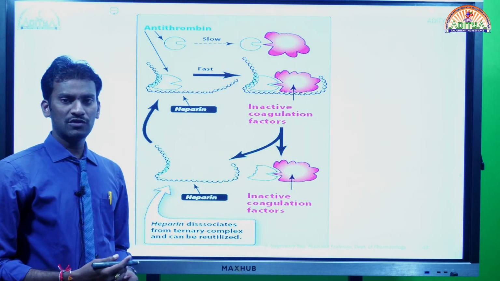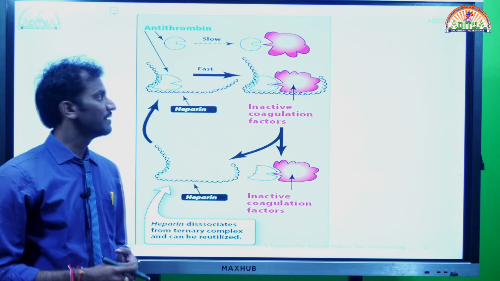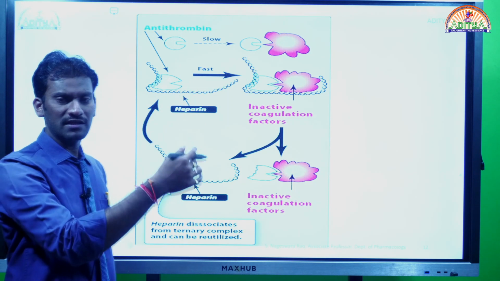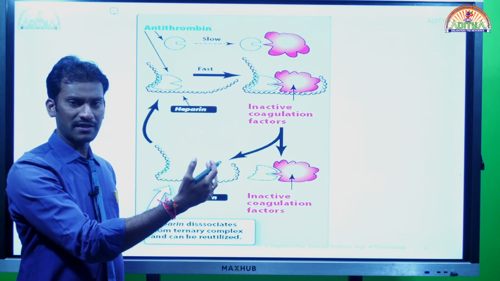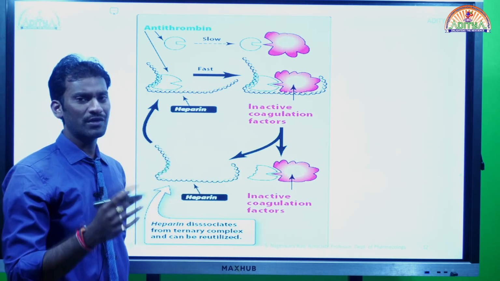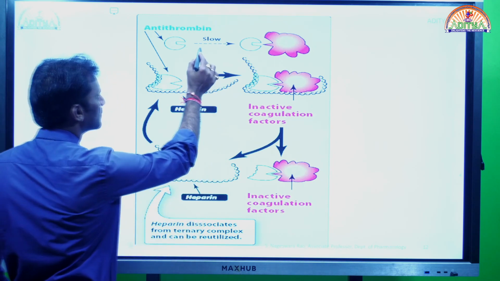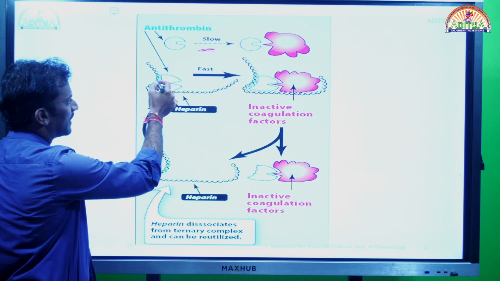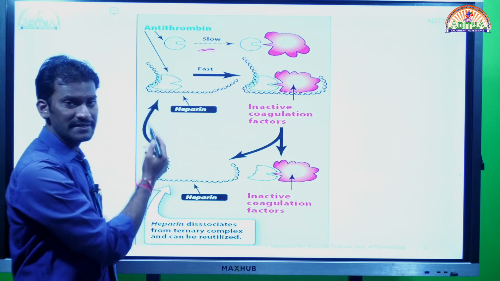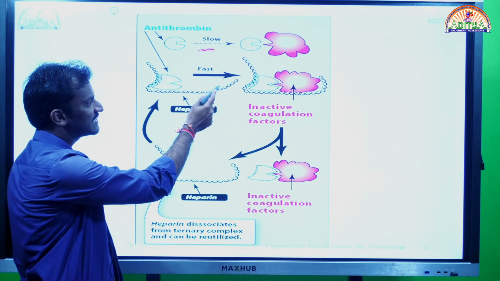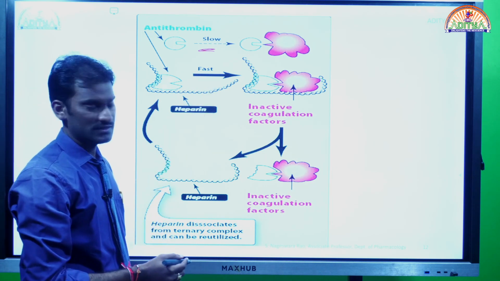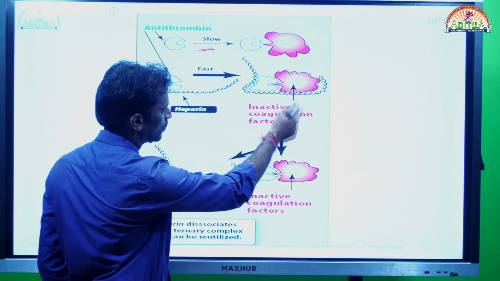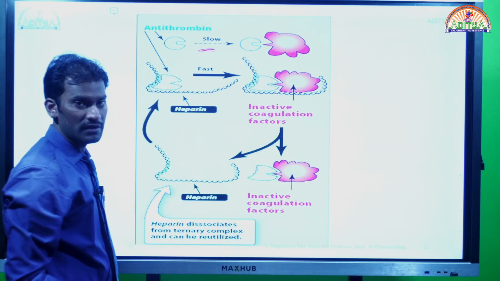Without the presence of heparin, antithrombin will bring the activated form of clotting factors to the inactivated form, but it is a slow reaction. See here, it is a slow one. When heparin is added to antithrombin 3, this reaction will be very fast, so that the activated clotting factors get converted into inactivated clotting factors.